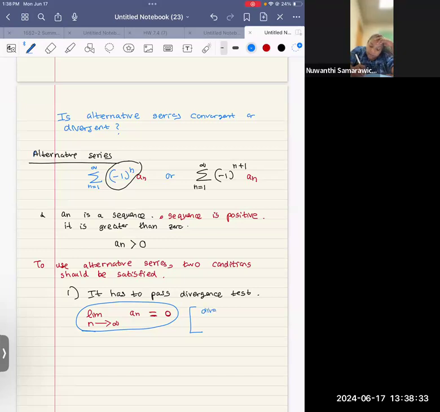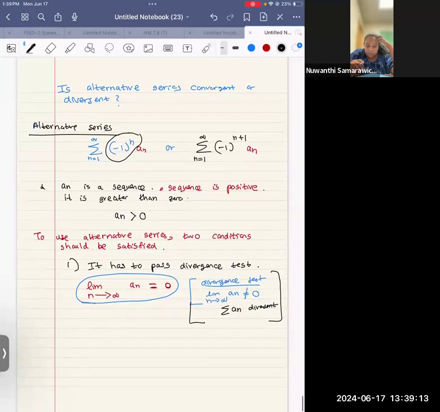The divergent test means if we show that this limit is not equal to 0, we can say that this series is divergent. Remember you asked what happens when the limit as n approaches infinity of a sub n is equal to 0? Is it convergent or divergent? So this is the technique we are going to use.